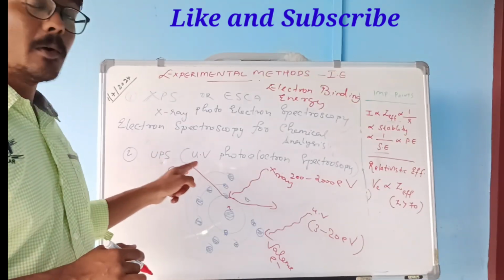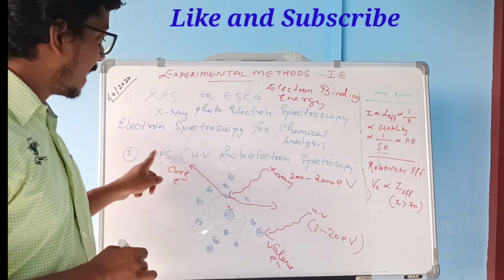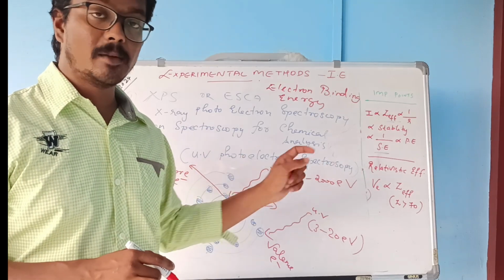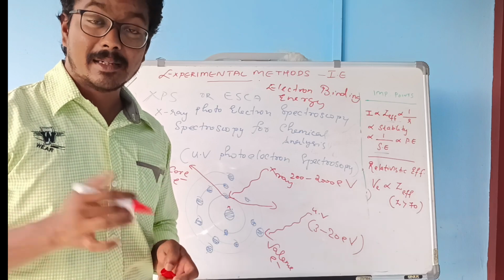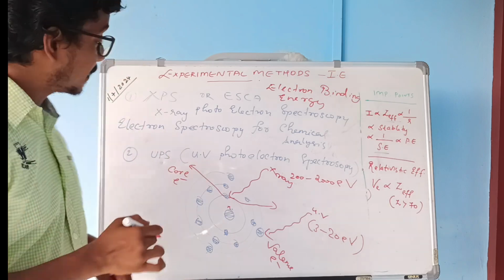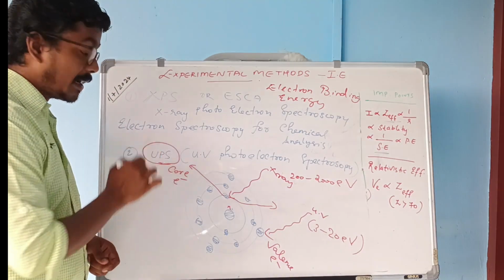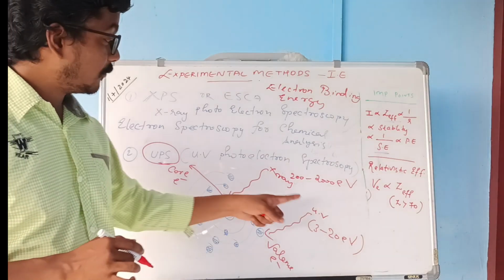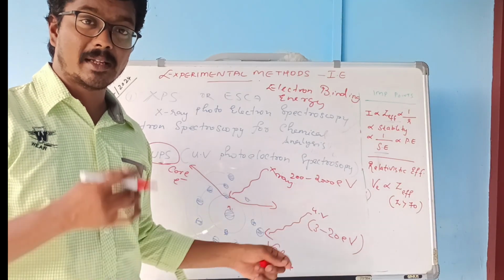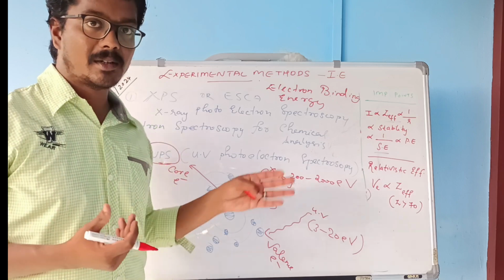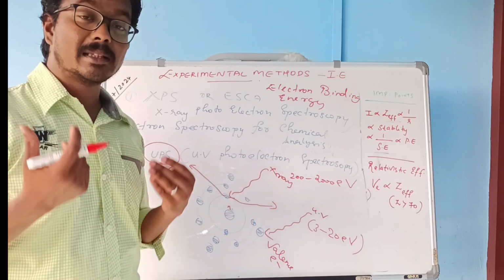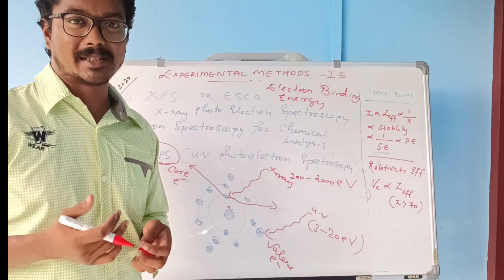So we require ionization energy corresponding to this valence electron. So most commonly we are using ultraviolet photoelectron spectroscopy for understanding the ionization energy. But the issue is that ultraviolet rays are very weak. As a result, the recorded spectra we get after this process is very low in resolution.